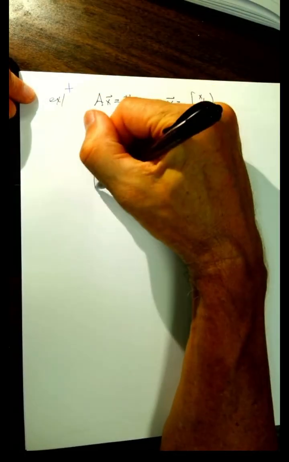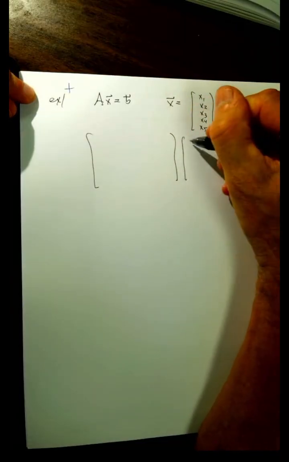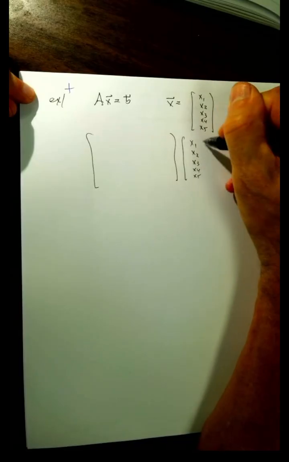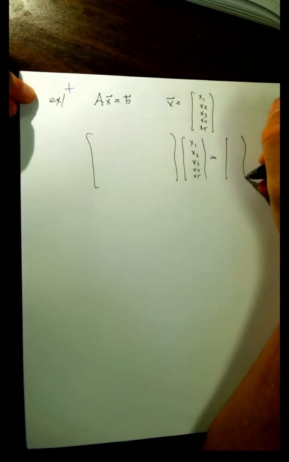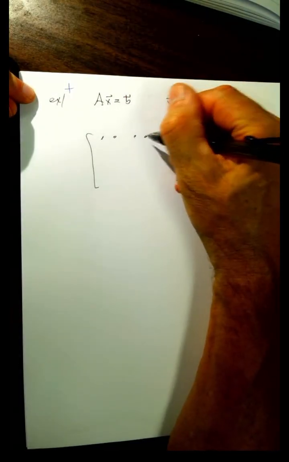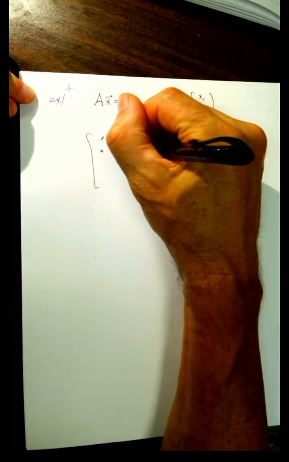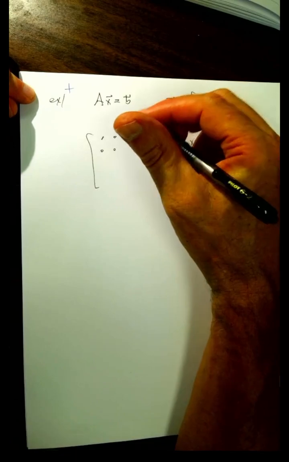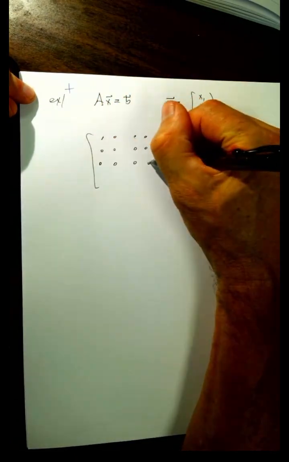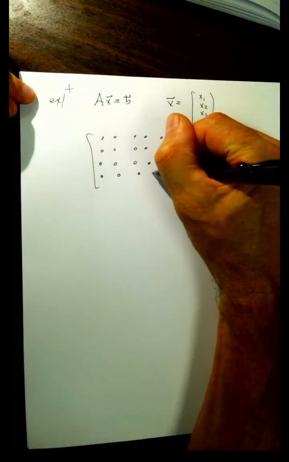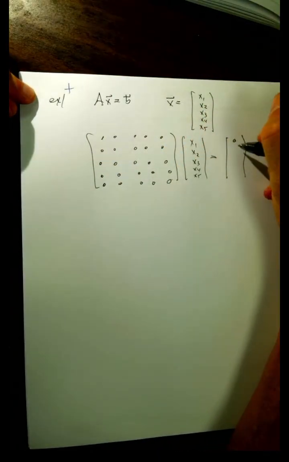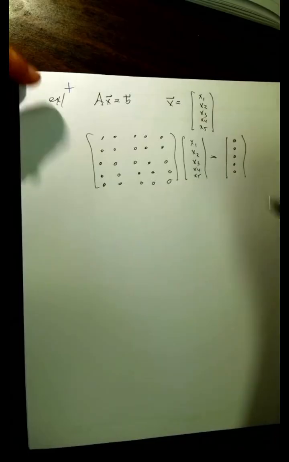And I can write this as an equation where I've got 5 columns, and let's just assume we have 5 rows. That's not always the case. But let's suppose we have 5 rows, and then I'm going to have 5 values there.